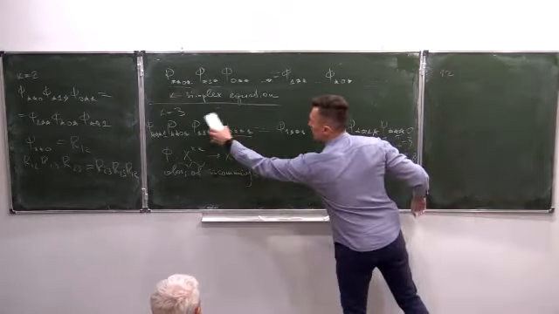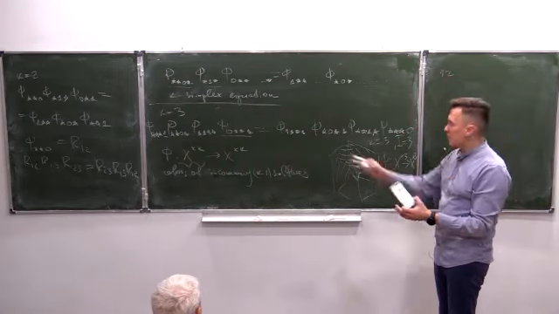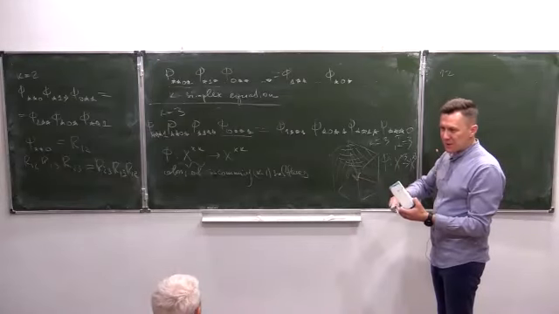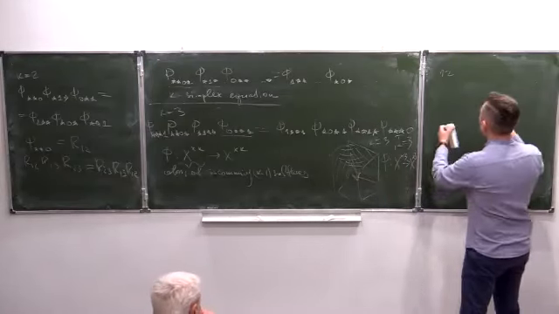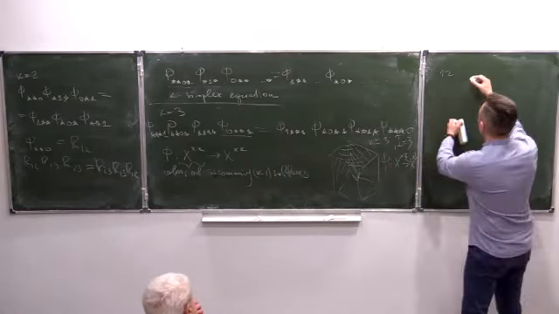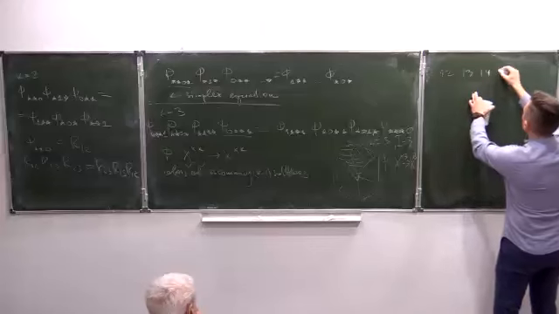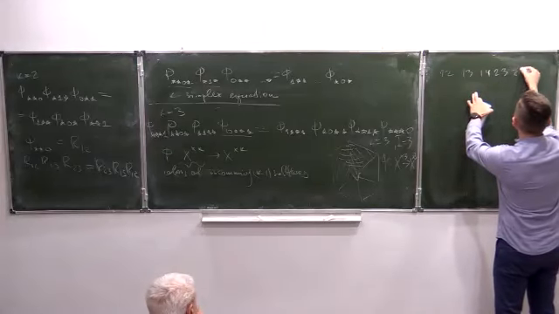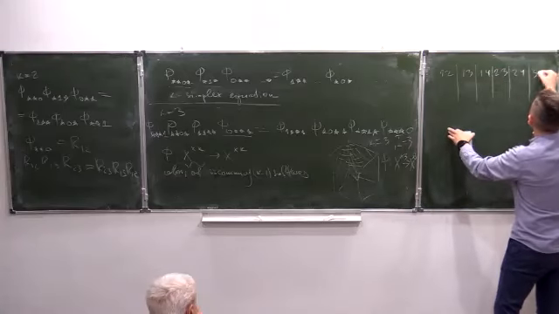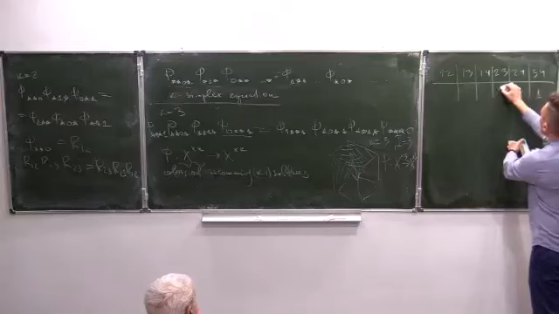We have here a 4 cube, several 3 cubes, 8 3 cubes in a 4 cube, and two faces in such 3 cubes. So we need to enumerate two faces of a 4 cube. The two faces are like this. And I'd like to enumerate it in the inverse order.